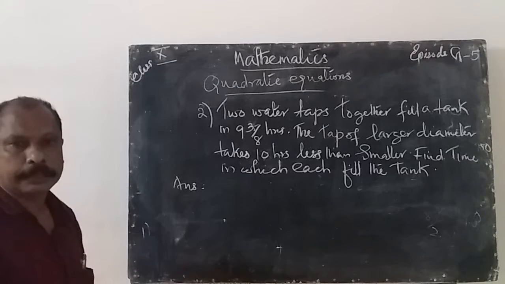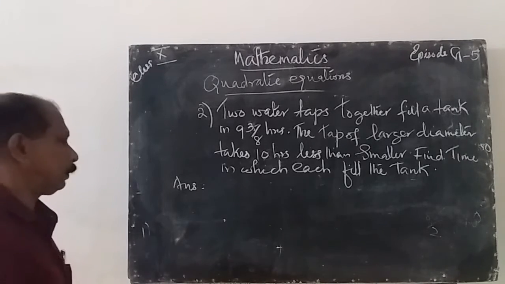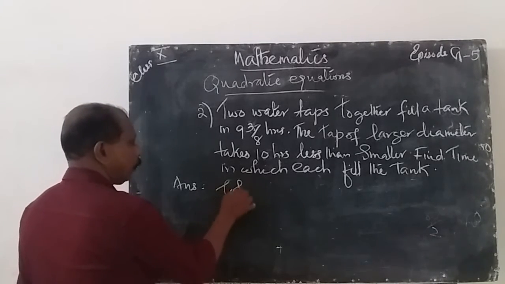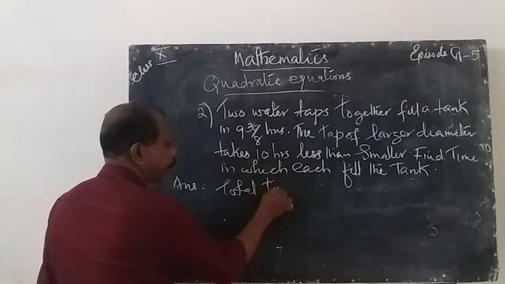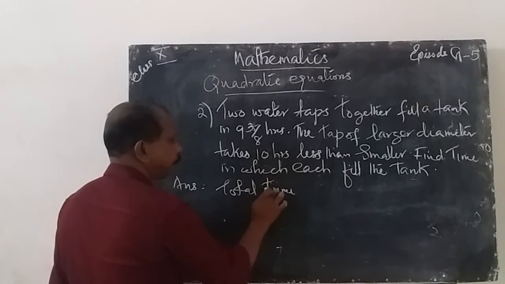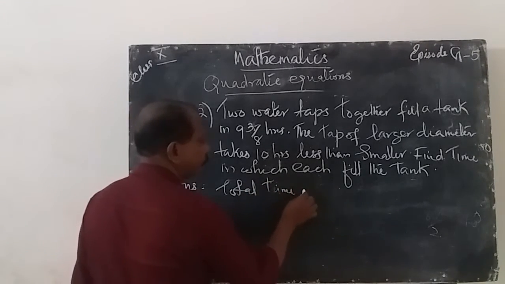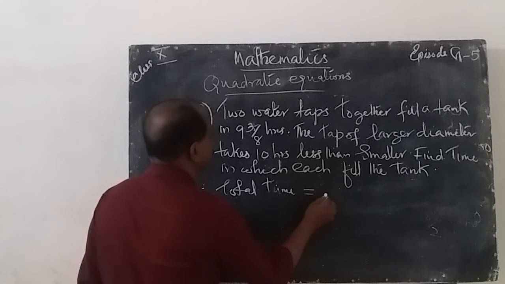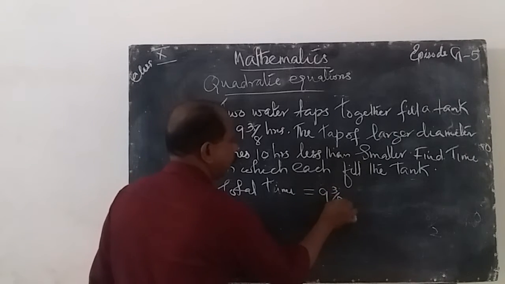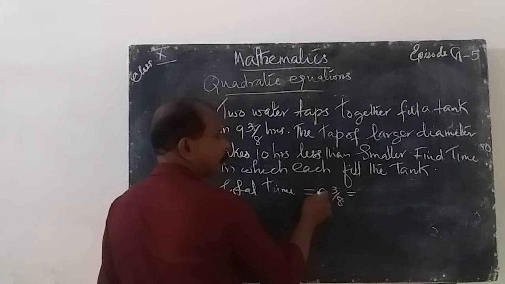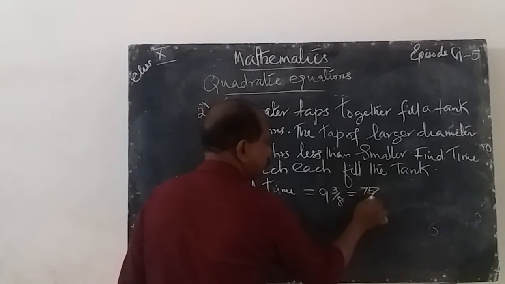The total time together for these two is 9 and 3 by 8 hours. It is a mixed fraction converted into an improper fraction. Therefore, total time is equal to 9 and 3 by 8, which is 75 by 8.